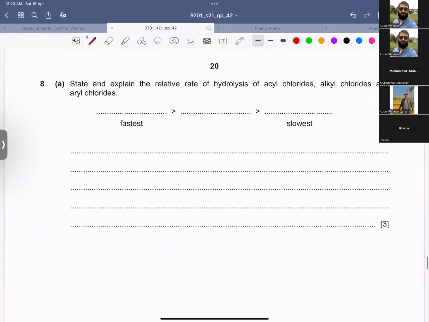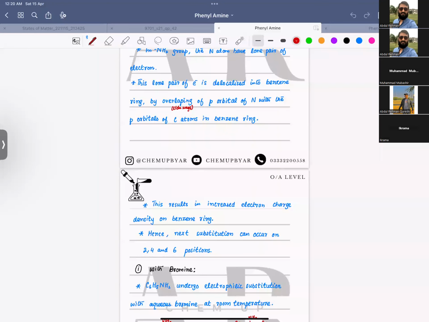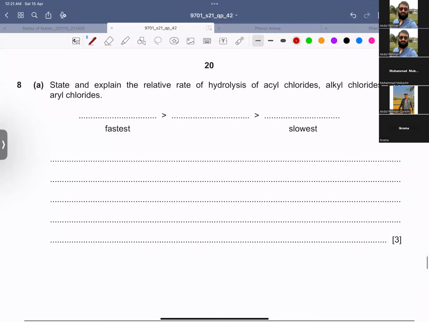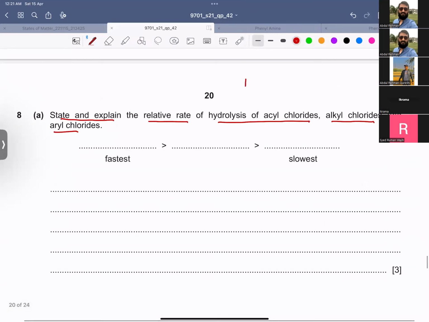Okay, now question number 8. State and explain the relative rate of hydrolysis of acyl chlorides, alkyl chlorides, and aryl chlorides. So, if you recall, acyl chlorides are the ones having chlorine bonded to a carbonyl. In alkyl chlorides, chlorine is just bonded to an alkyl group, and in aryl chloride, chlorine is bonded to a benzene ring.